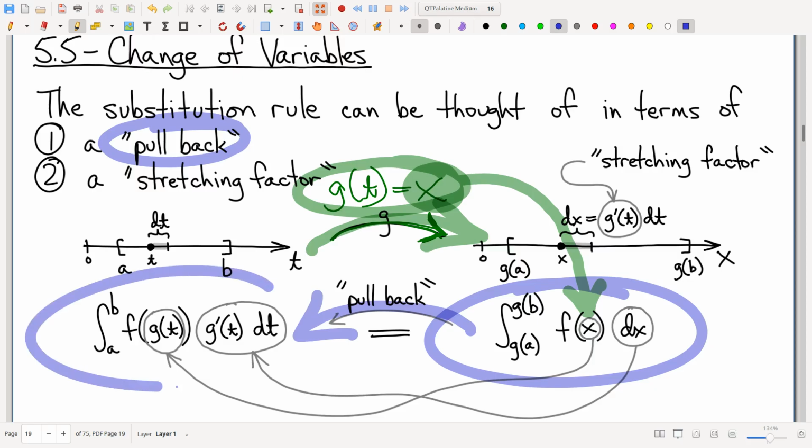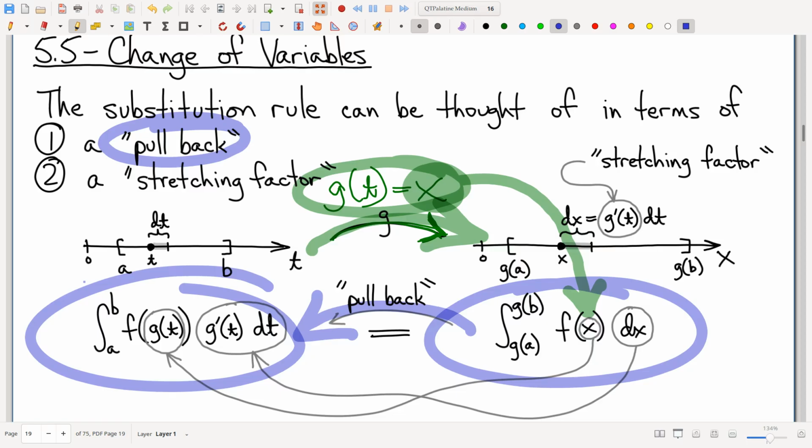So expressions go backwards. A function that goes to the right, expressions will then go to the left. Everybody see what I mean there?